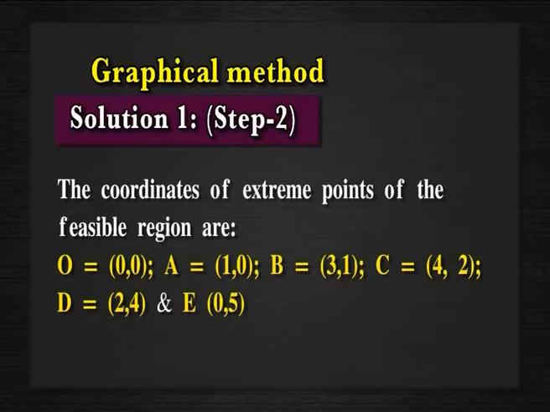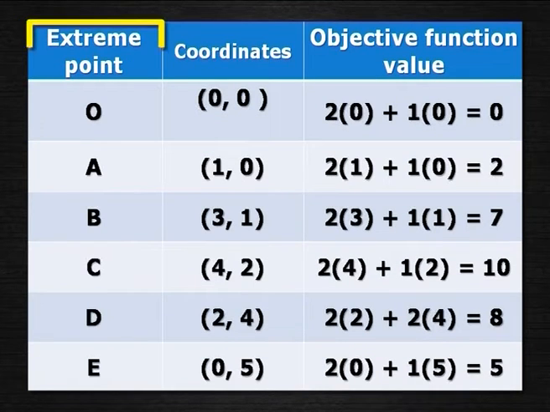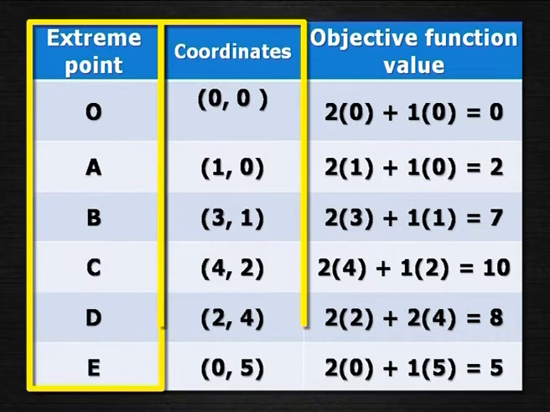Evaluate the objective function value at each extreme point of the feasible region as shown in the table. The first column is the extreme points O, A, B, C, D, E and the coordinates (0, 0), (1, 0), (3, 1), (4, 2), (2, 4) and (0, 5).